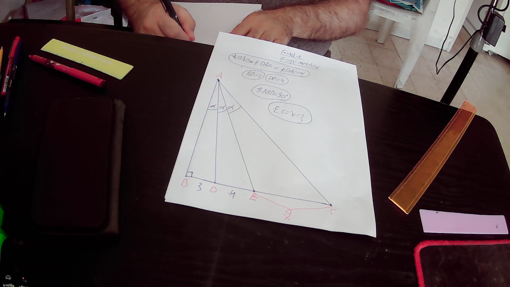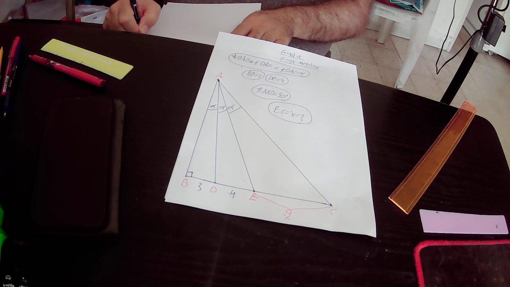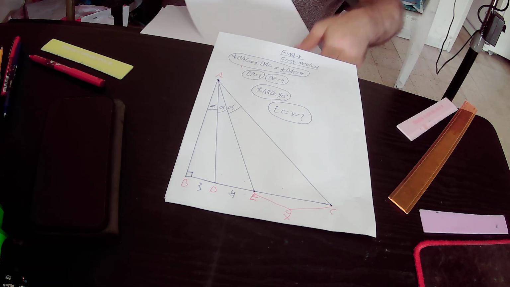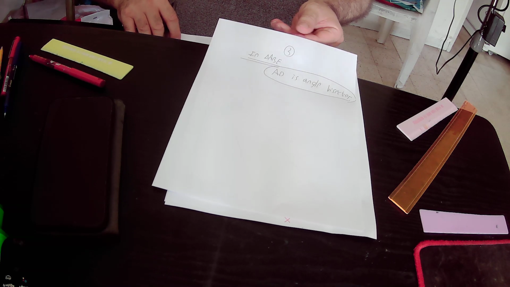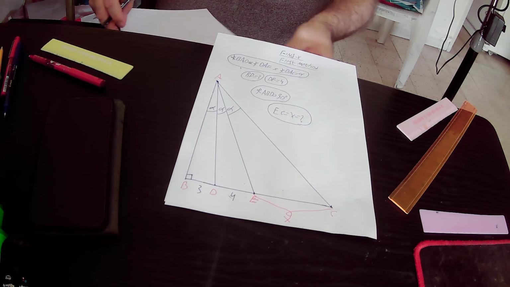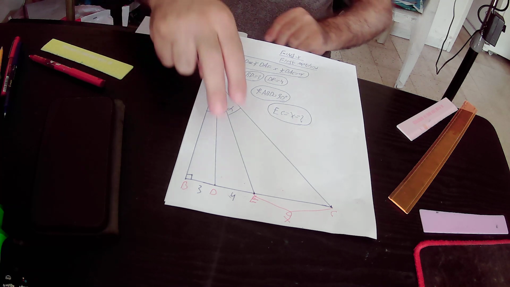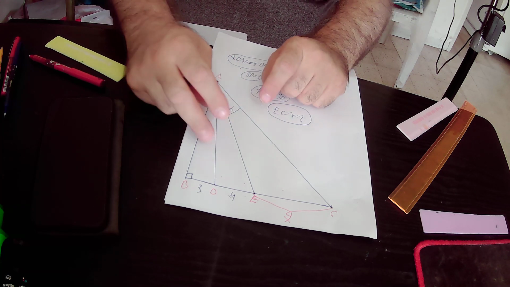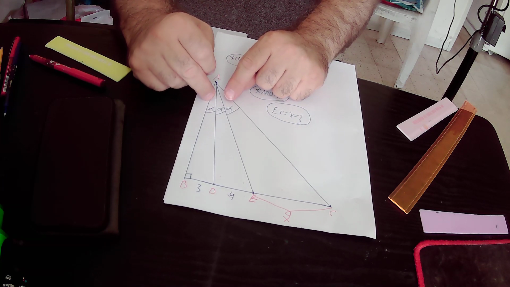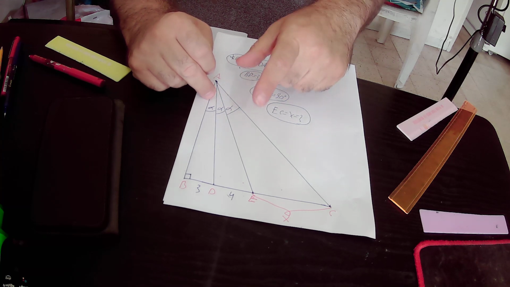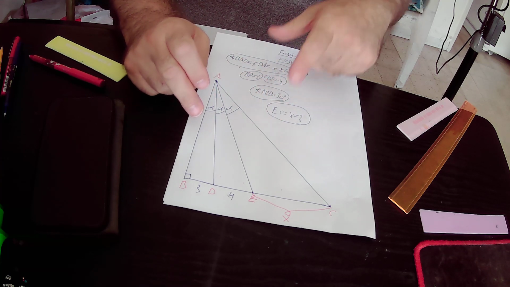Why is AD angle bisector in the right triangle, triangle ABE? Because AD divides angle BAE into two equal parts, alpha and alpha. Therefore, AD is angle bisector in the right triangle, triangle ABE.